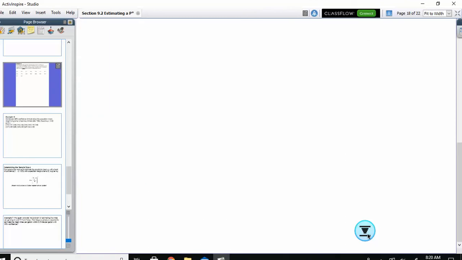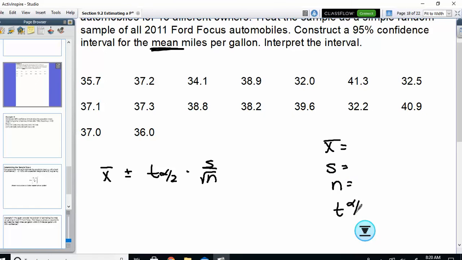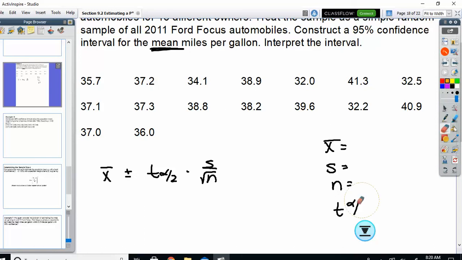We need some information to do this. When we looked at our formula sheet, it's x bar plus or minus the t alpha over 2 times s over the square root of n. So we need x bar, we need s, we need n, we need that t alpha over 2 before we can plug in to our formula.